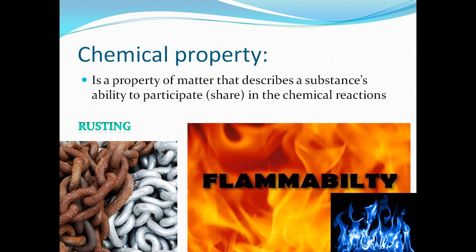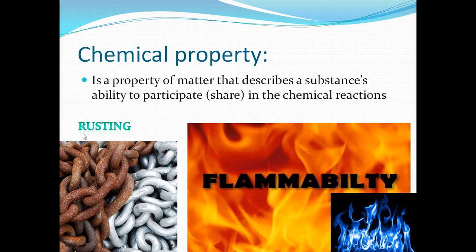Because it shows us how the paper can interact or react with oxygen in the presence of fire. So chemical properties show us how this matter can participate or react with another one. Chemical properties show the chemical reactions.